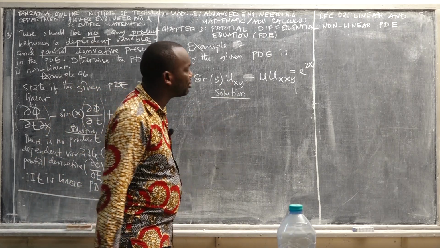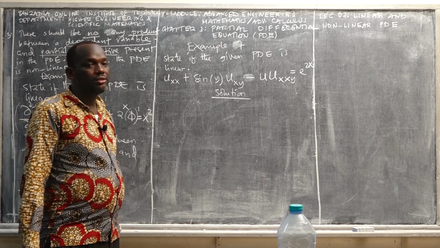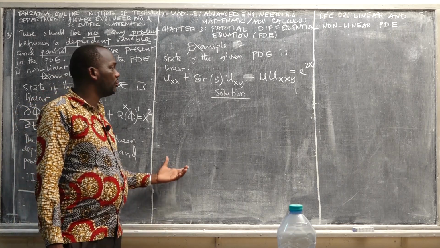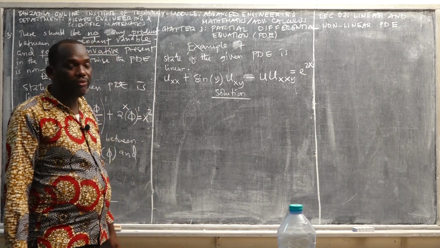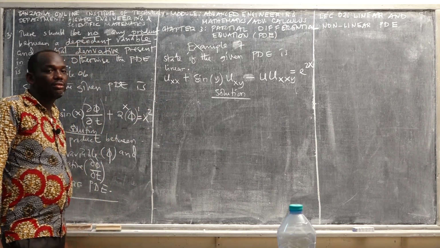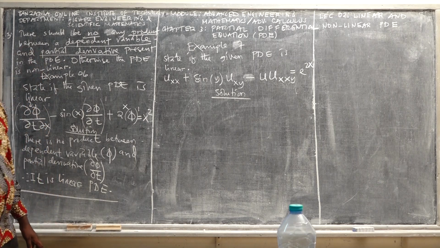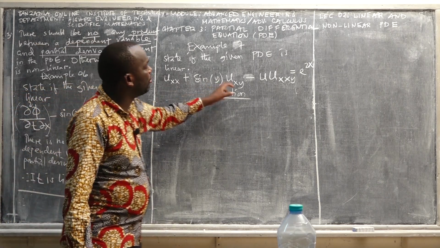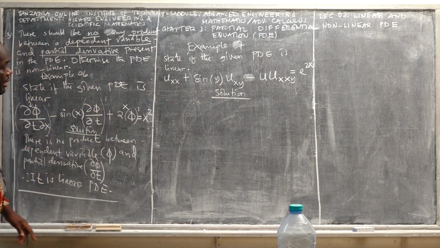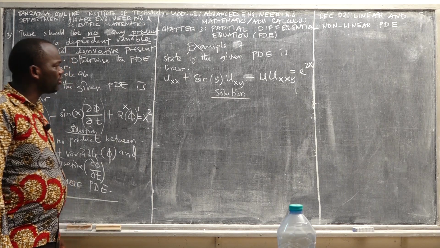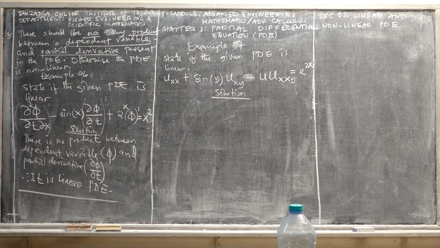First of all, how many terms do we have? 4 terms. And in these 4 terms, how many have partial derivatives? 3. Very good. So 1, 2, 3. Let us check the first condition. The power of any dependent variable must be 1. Do you have a dependent variable?